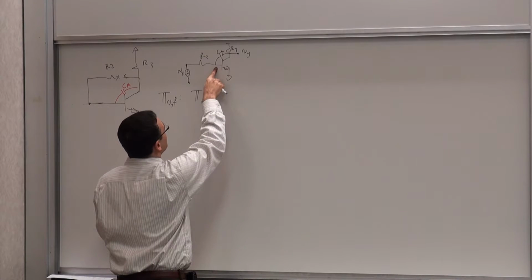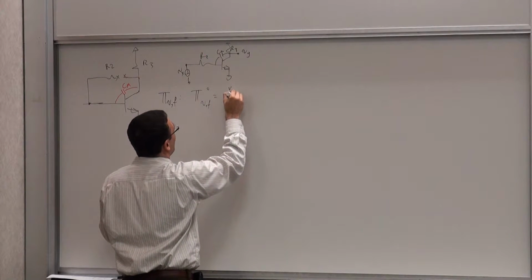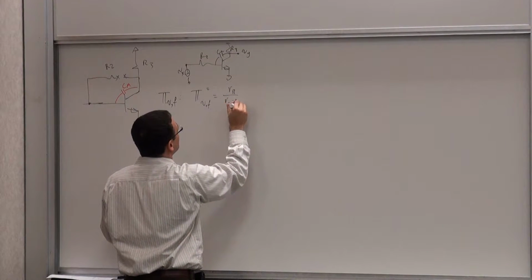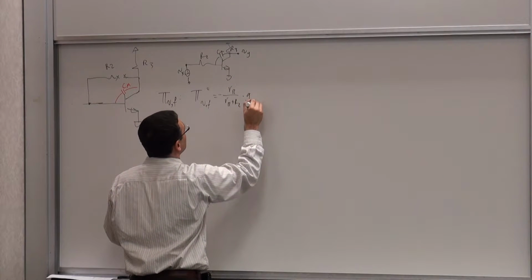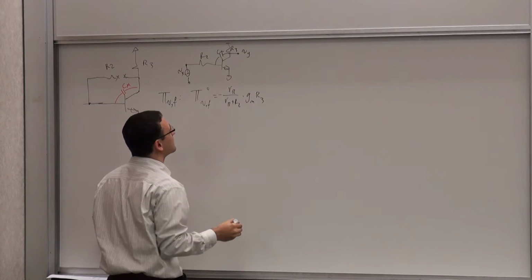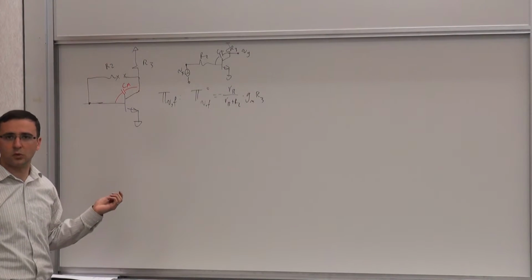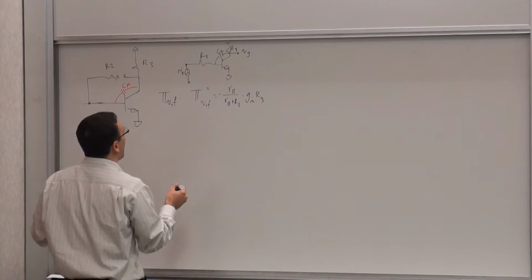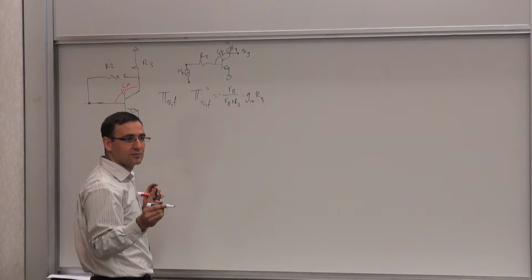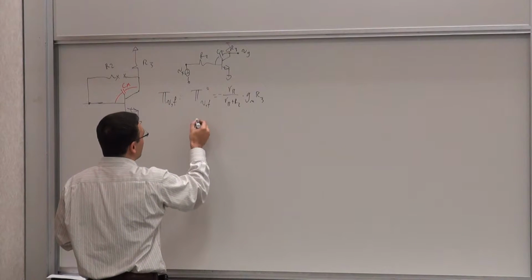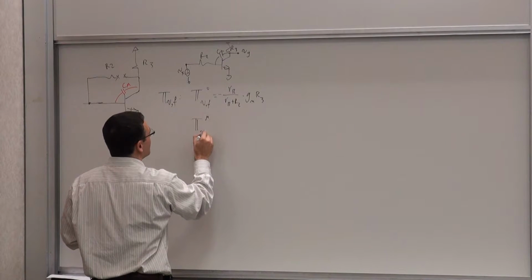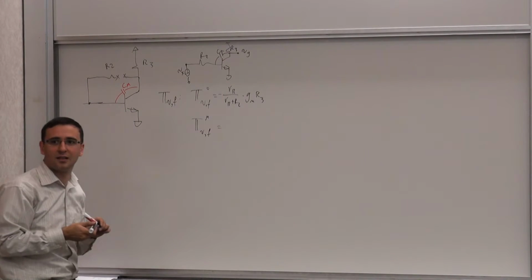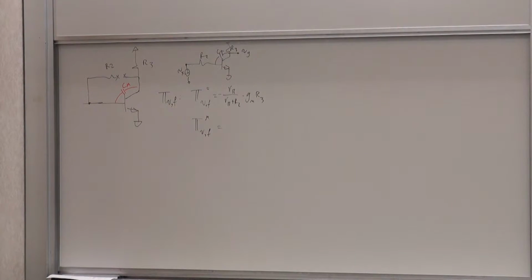It's the voltage gain from here to there, which is the voltage divider ratio R pi over R pi plus R2 times minus GM R3. Low frequency capacitor. Now, I have to calculate time constants. And I also have to calculate the T mu BF, when C mu goes to infinity. What is it?